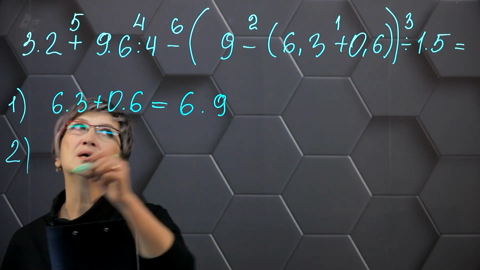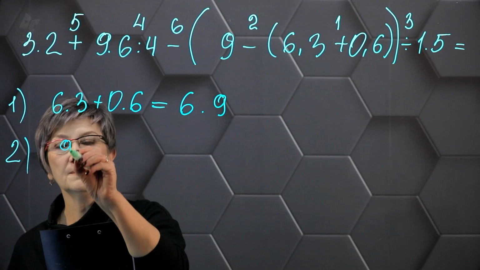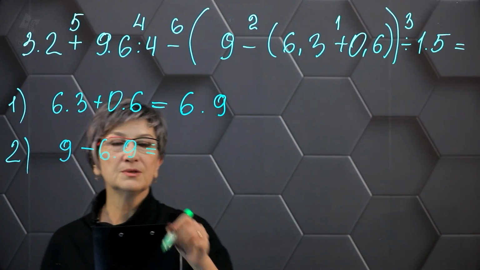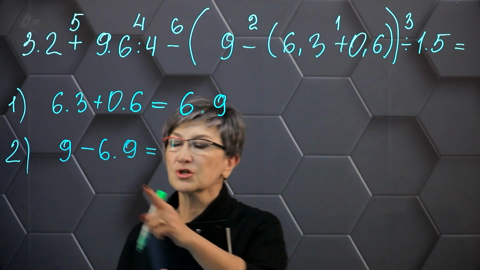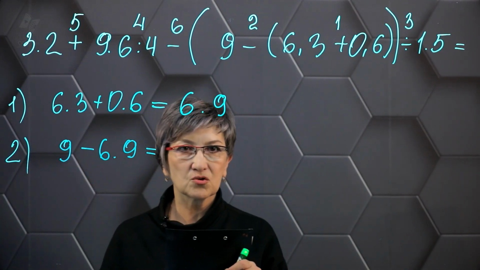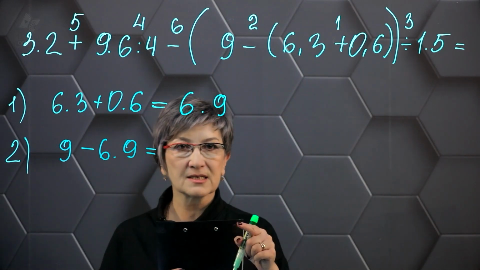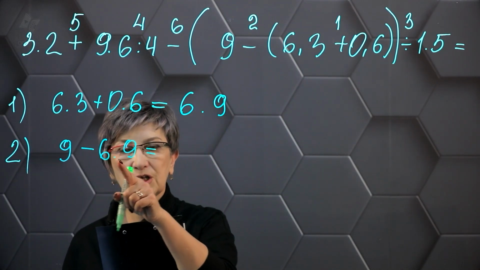The second action, our plan is to subtract 6.9 from 9. Let's take our time with this action, because I have to write this down in a column. But I remember that I have to have the decimal point under the decimal point in subtraction and addition.